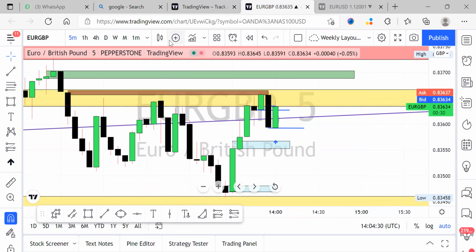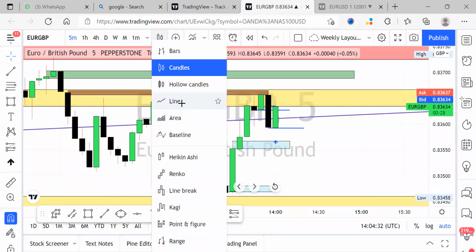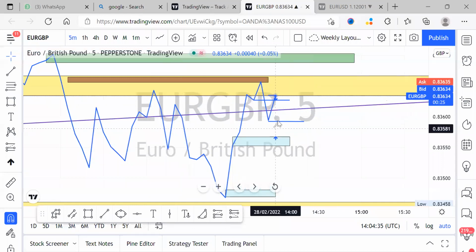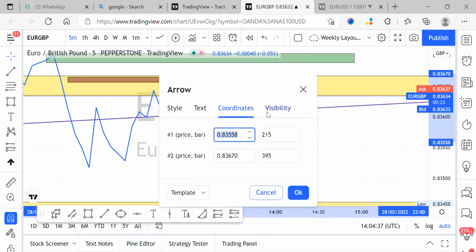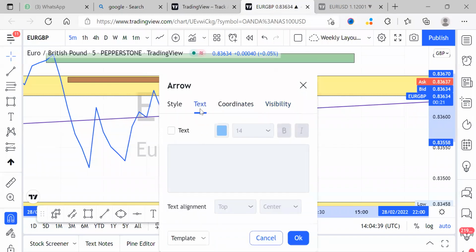If we now look at it from a line chart, it's starting to go further up.